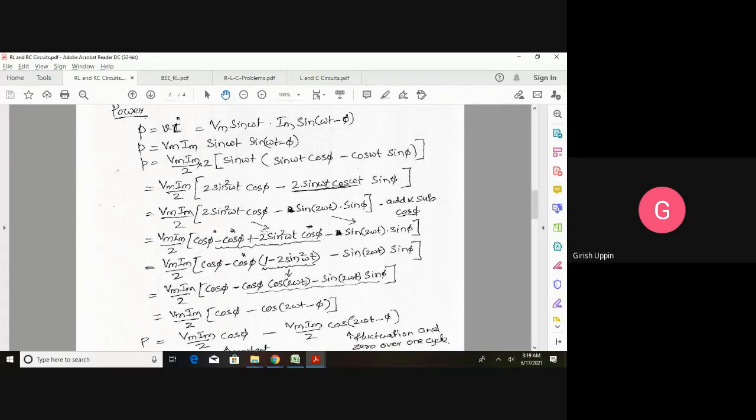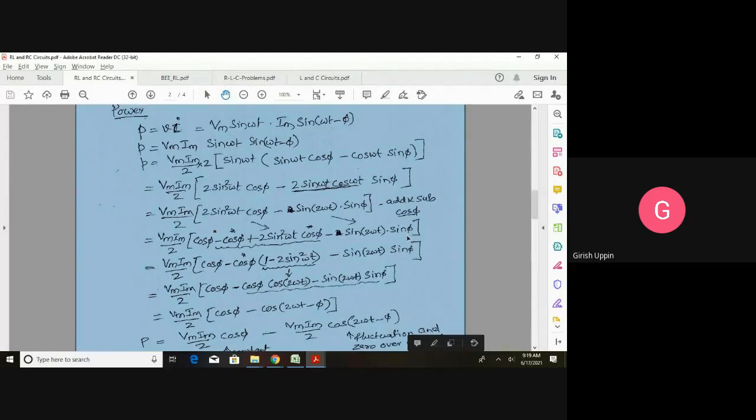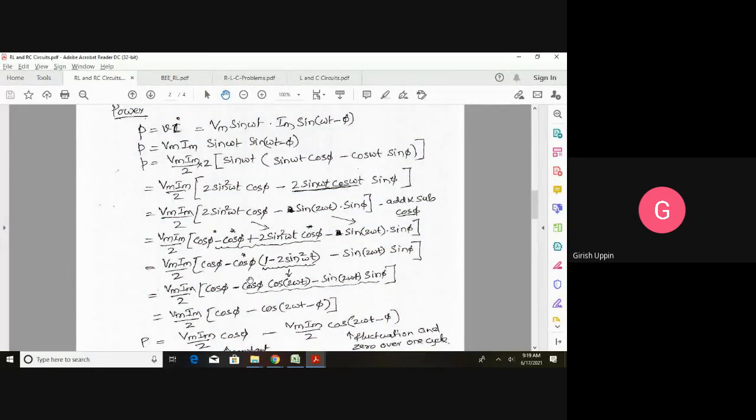Now what we are going to do is, inside the square bracket, I'm going to add cos phi, and I'm going to subtract cos phi. So you can see cos phi minus cos phi, rest is the same: 2 sin square omega t cos phi and minus sin 2 omega t into sin phi. Now next, I will rearrange.